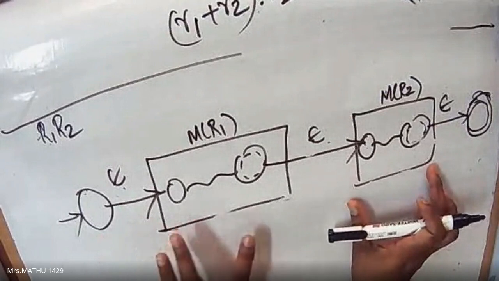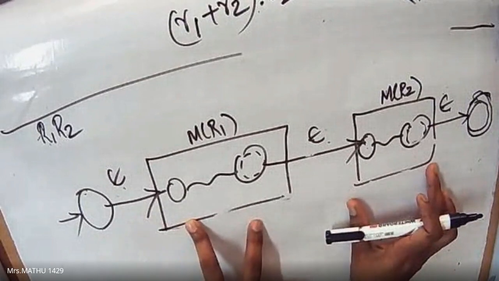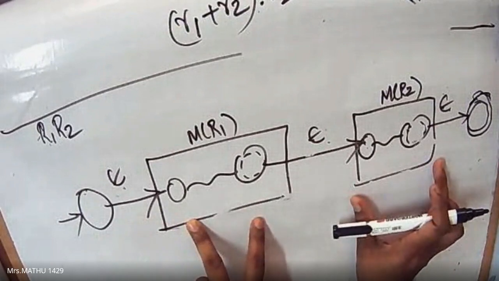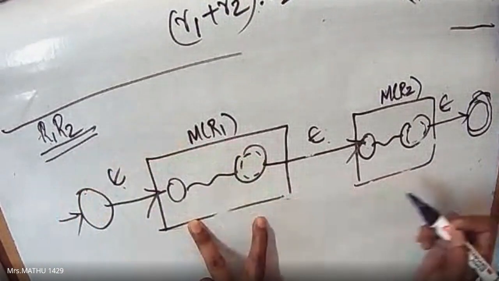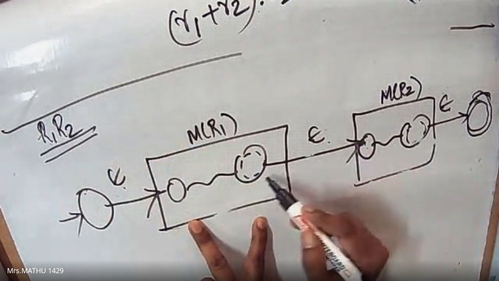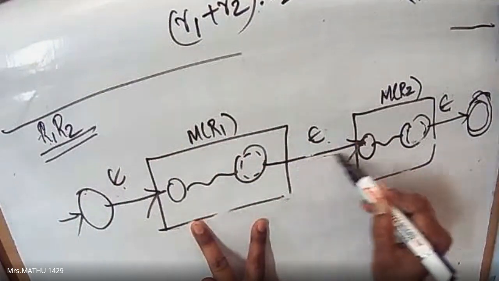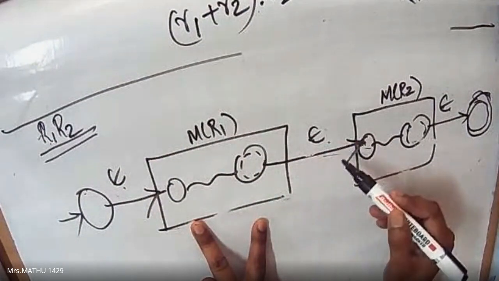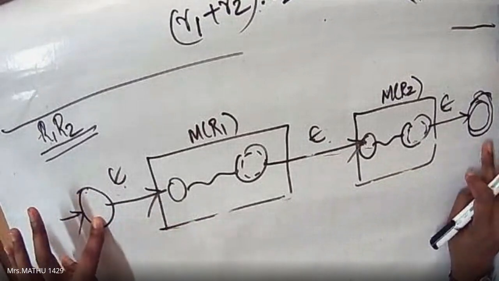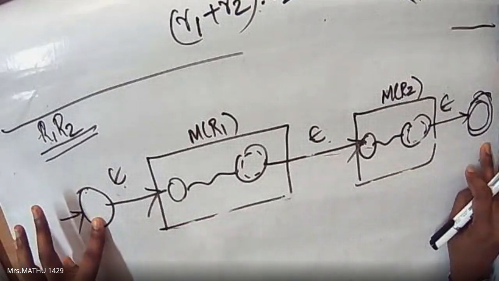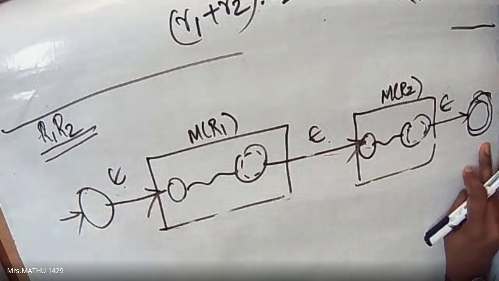When you have two regular expressions and can draw the NFA for both separately, then for concatenation R1 into R2 you combine both NFAs using an epsilon move or lambda transition, with a common initial state and a final state. So this is R1 into R2.